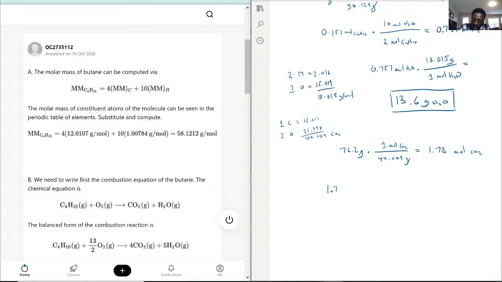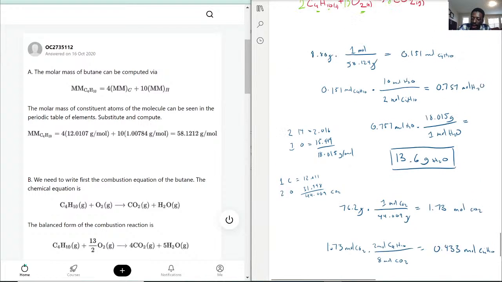So if we put that in the equation here, we have the CO2 we needed, and then we want to go to butane. So that'll be 2 moles of C4H10 and 8 moles of CO2. So really all you're doing is just dividing by 4, so you have 0.433 moles of C4H10.